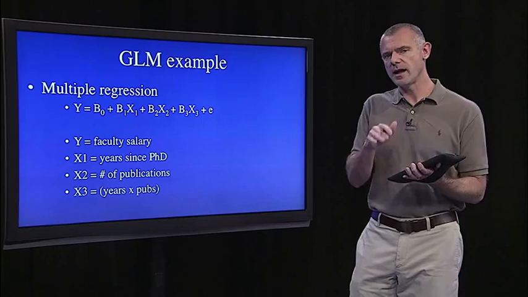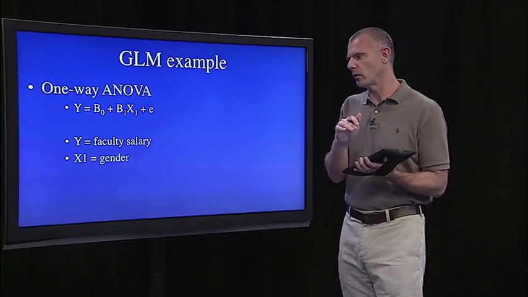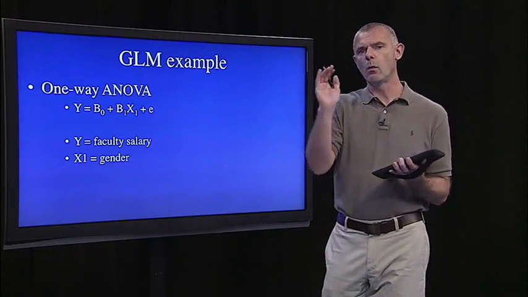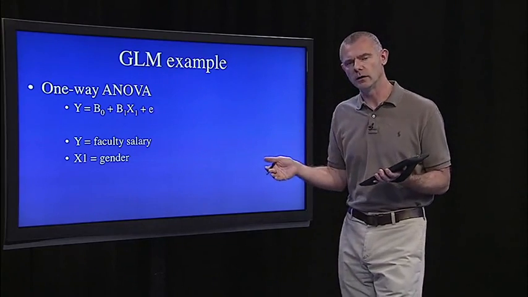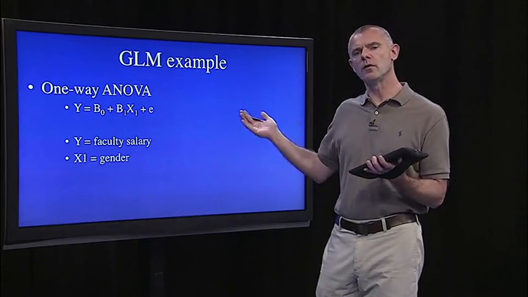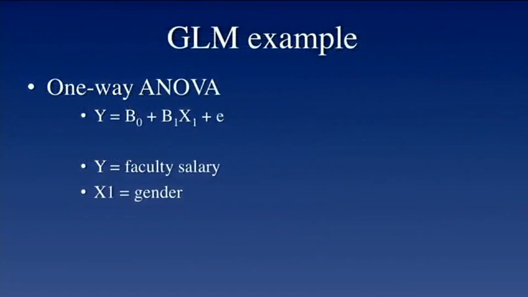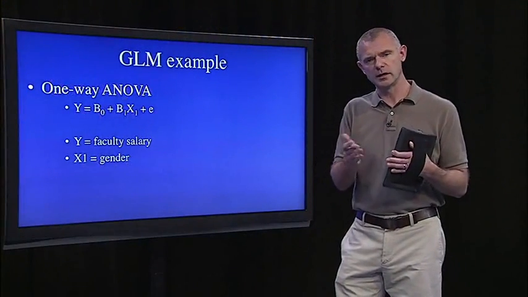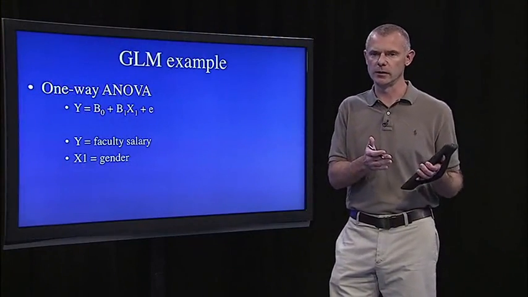Those two designs, that simple regression and that multiple regression, are exactly like a one-way ANOVA and a factorial ANOVA. It's just that when we do ANOVAs, we're going to be dealing with predictors that are categorical. So in a lot of the examples that we did with multiple regression, the predictor variables were continuous and the outcome variables were continuous.